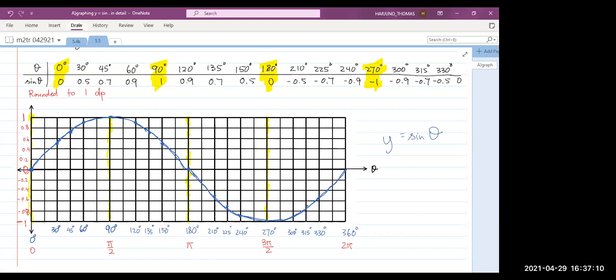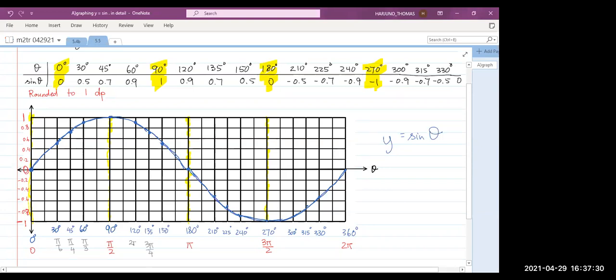And if you can, try to fill in the details here. Let's say this one is pi over 4. This is pi over 6. This is pi over 3. Furthermore, this is 3 pi over 4.